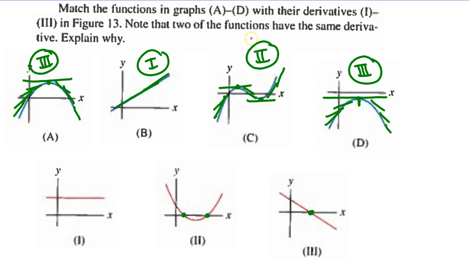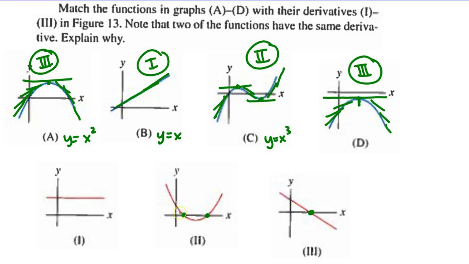Okay, now let's move on. Now before moving on actually, wouldn't you say that graph B might be a linear function like y equals x or something similar? Graph A and D would be a parabola like y equals something involving x squared, and C would be something cubic, so something involving x cubed.